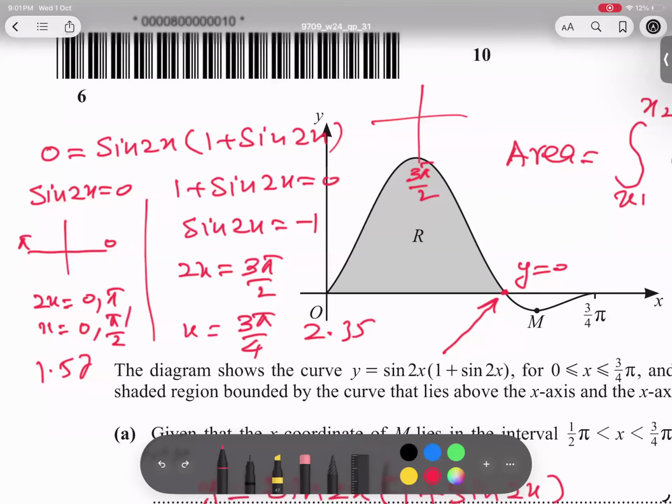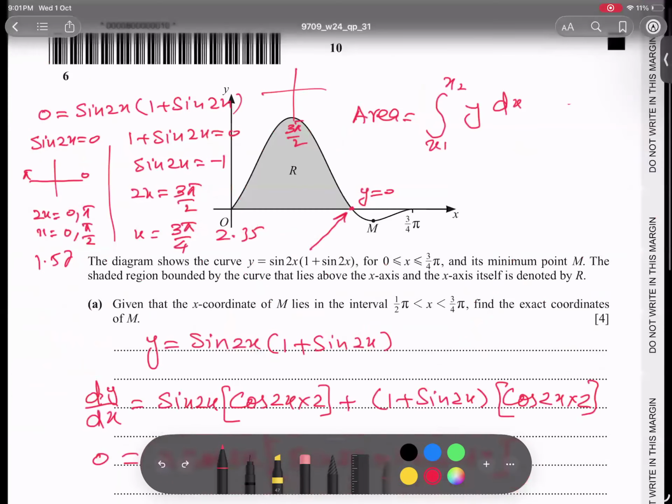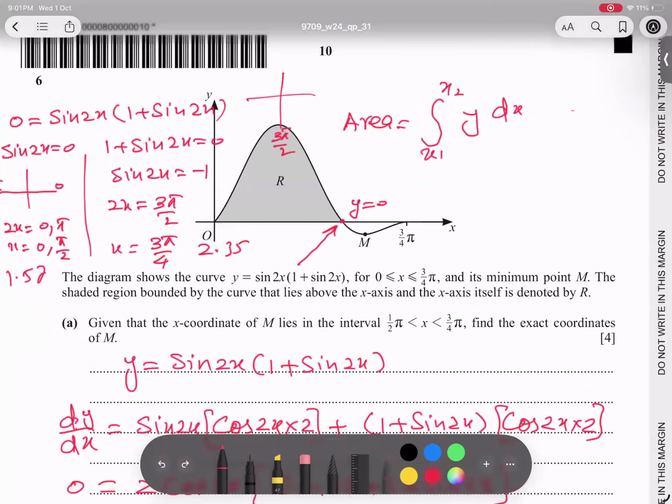We will take pi by 2 because this is the pi by 2 value, and this value is bigger, so this value represents this point. And second, you can see even 3 pi by 4 is matching with this number. So 100% we have 0, 0 representing this point, 3 pi by 4 representing this point, and this point represented by pi by 2. So we got a lower limit 0 and upper limit pi by 2.